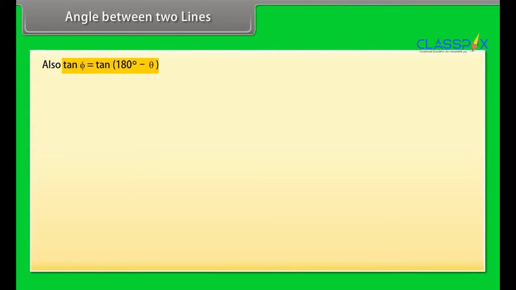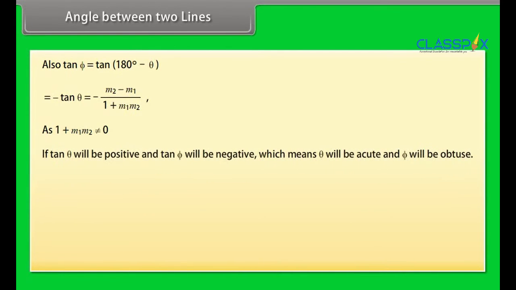Also, tan phi is equal to tan of (180 degrees minus theta), which is equal to minus tan theta, which is equal to minus (m2 minus m1) divided by (1 plus m1 m2), as 1 plus m1 m2 is not equal to 0. If tan theta is positive and tan phi is negative, it means theta is acute and phi is obtuse.